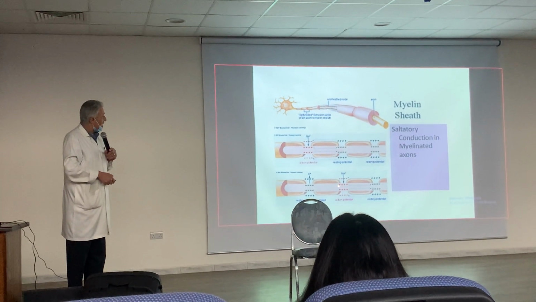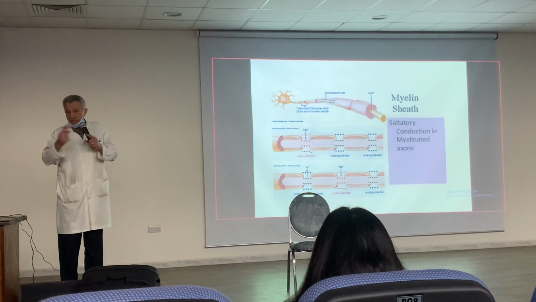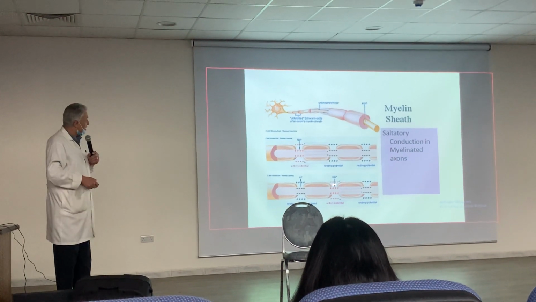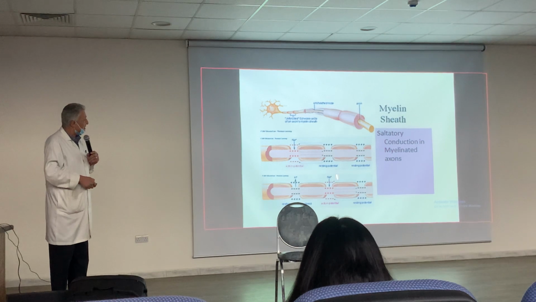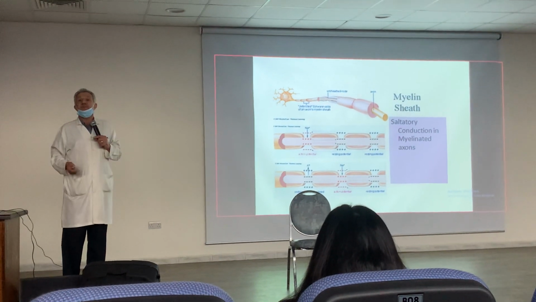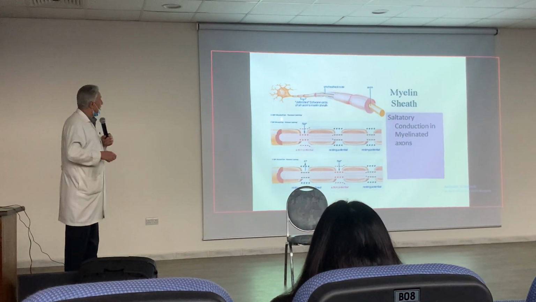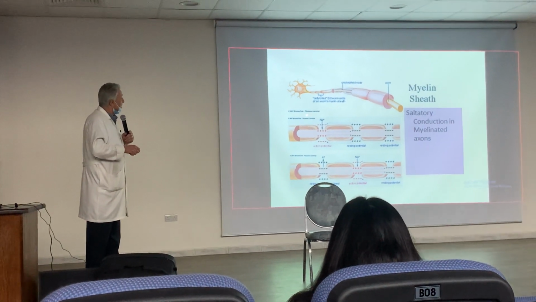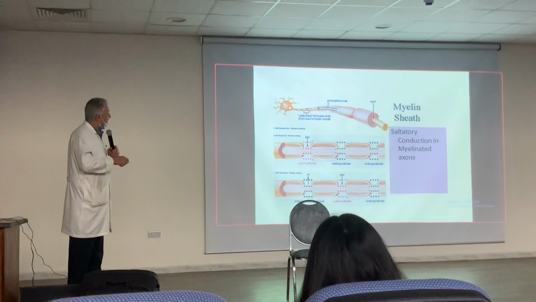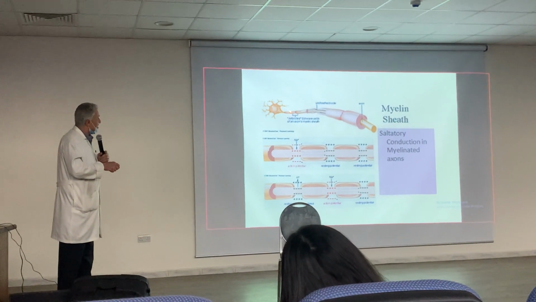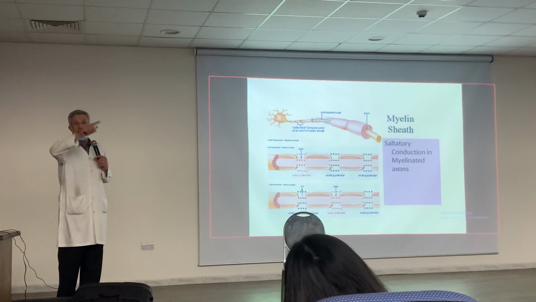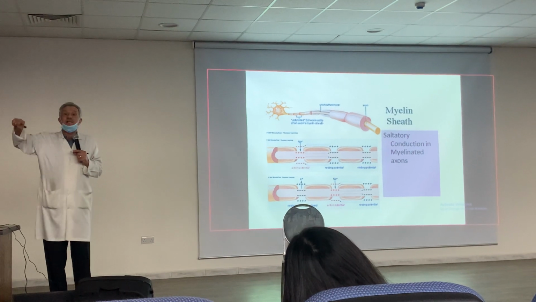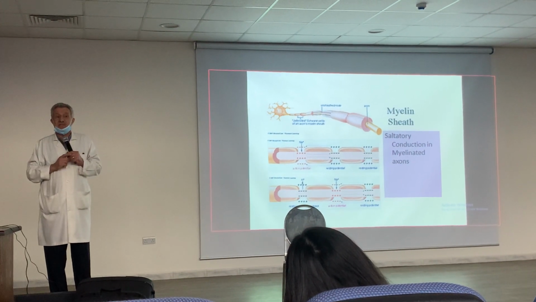Then going to the next node of Ranvier, currents between the nodes of Ranvier result in depolarization and so on. But if you are viewing the action potential which is generated at the axon hillock, it's like jumping from here to the first node of Ranvier, then to the second node of Ranvier, and third node of Ranvier, and so on.